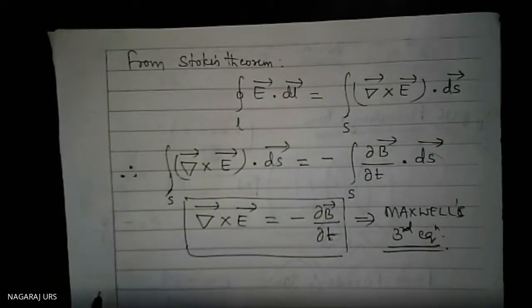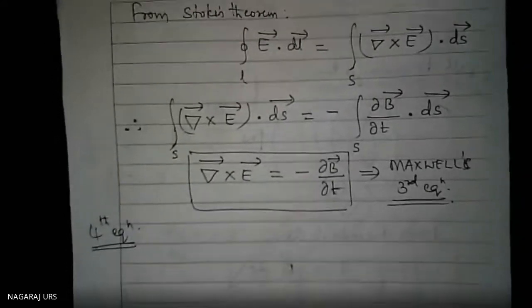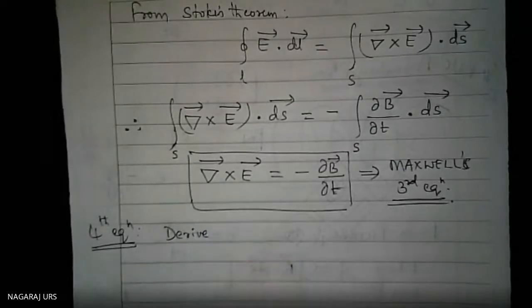So what is that? Maxwell's fourth equation. Derive: del cross B is equal to mu into J plus del D divided by del T. This is a little bit lengthy, but you can write, no problem.